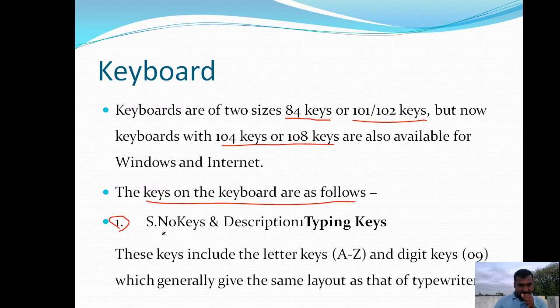The first one is the typing keys. These include the letters A to Z and the digit keys 0 to 9, which generally give the same layout as that of typewriters. So these are the typing keys.